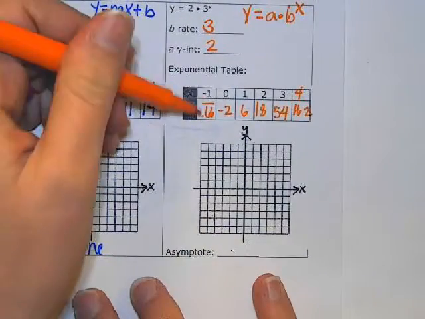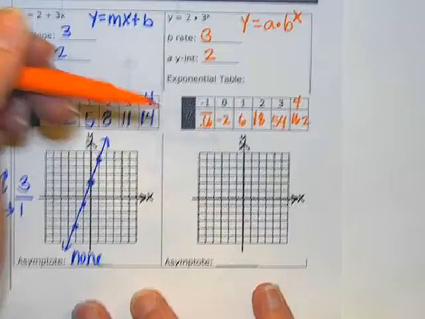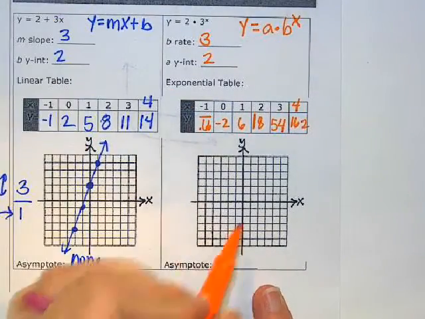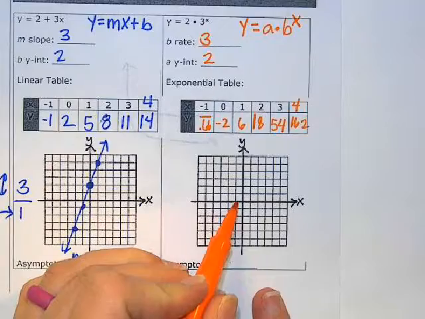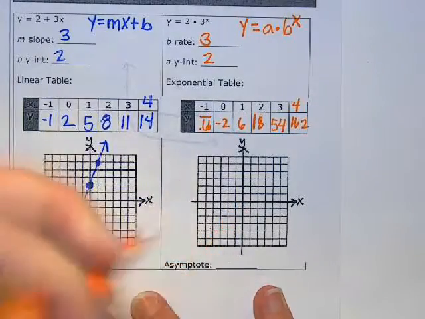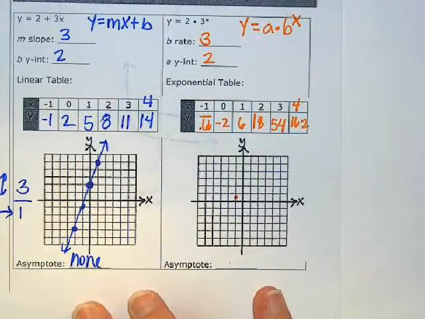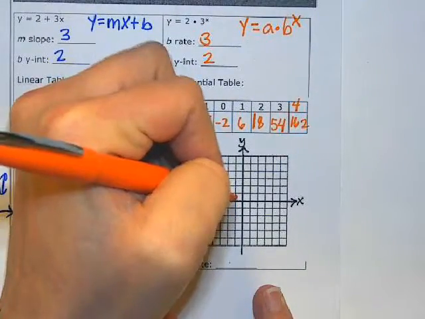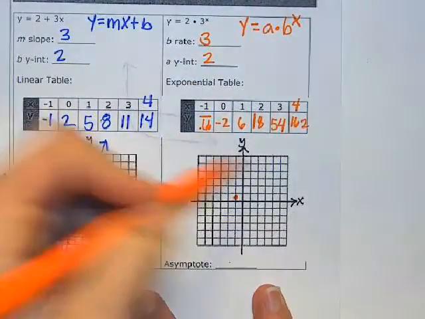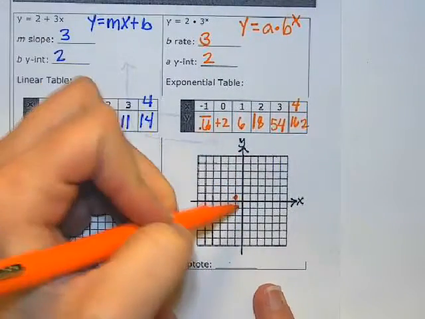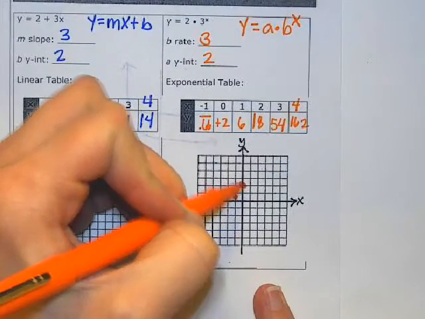And I'm going to start by using my table as ordered pairs. So at -1 on the x, what is the y? 0.66. So it's just a little over halfway. When x is 0, y is, I don't know why I put -2. When x is 0, y is 2.